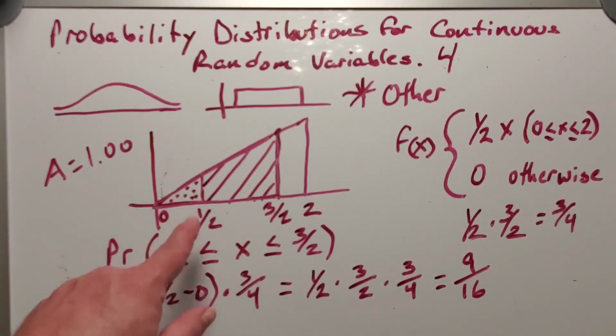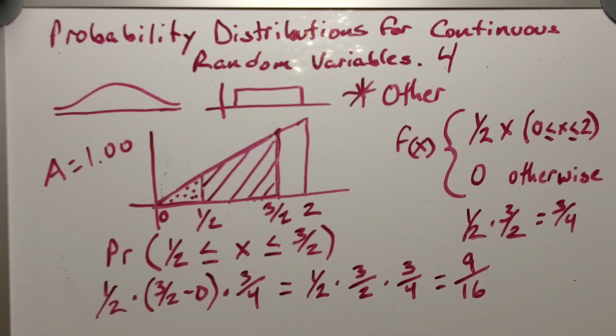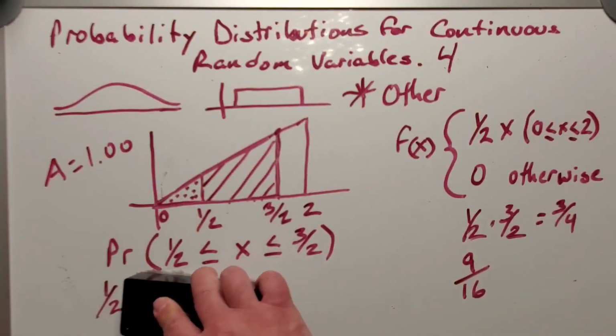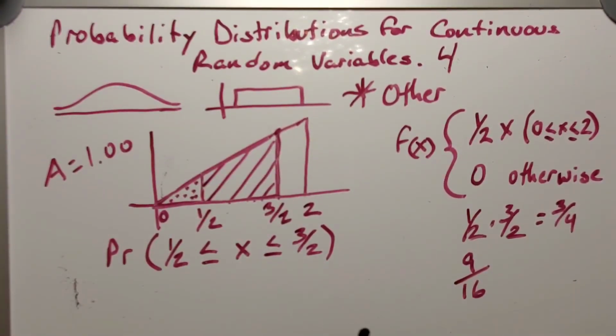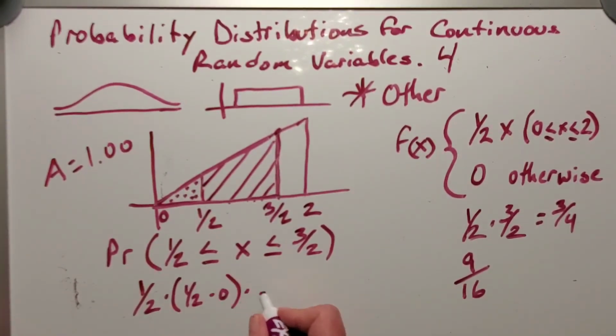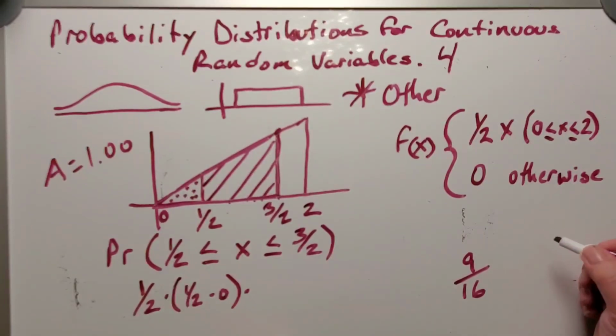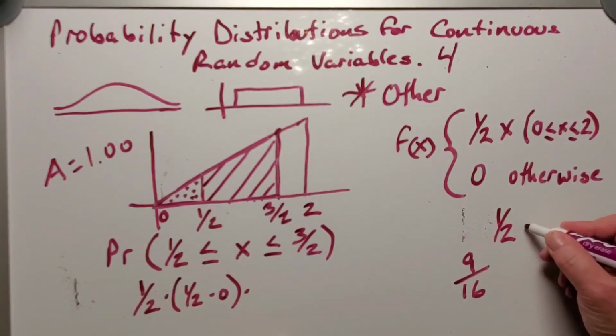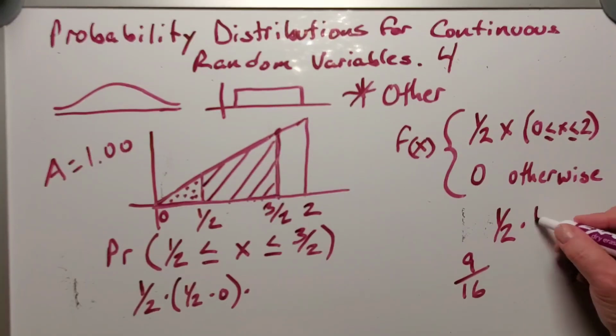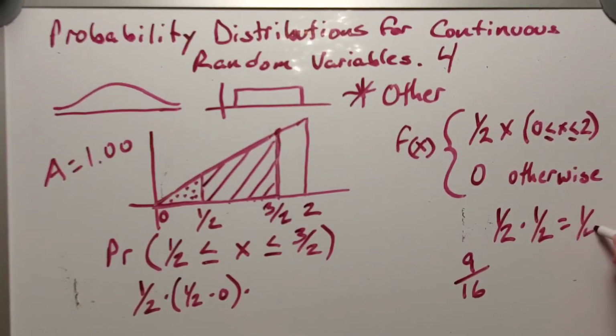Let's figure out the area of the smaller triangle that's unwanted, and we'll subtract. I'm going to leave just that value there. Okay, smaller triangle. 1/2 times base times height. Again, we're going to plug in our x value into the function. So the function is 1/2 x, and I'm plugging in 1/2 for our x, and we get 1/4.